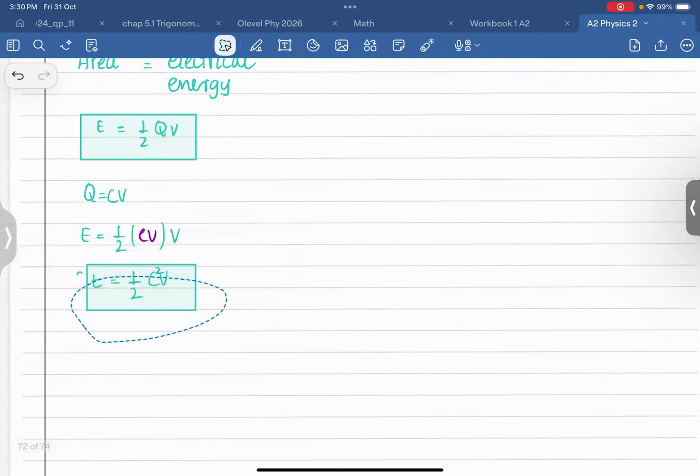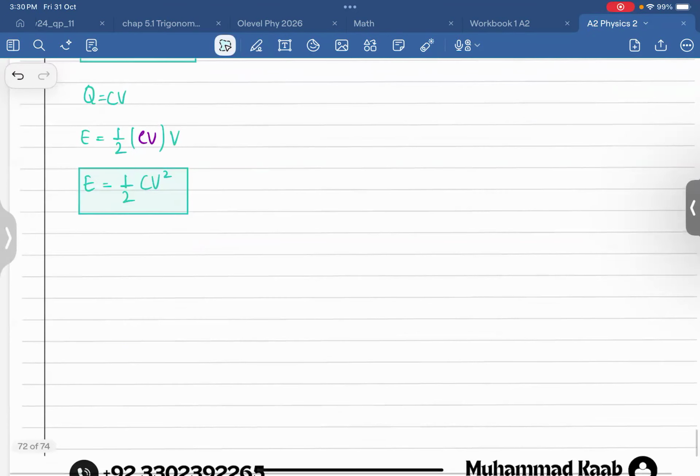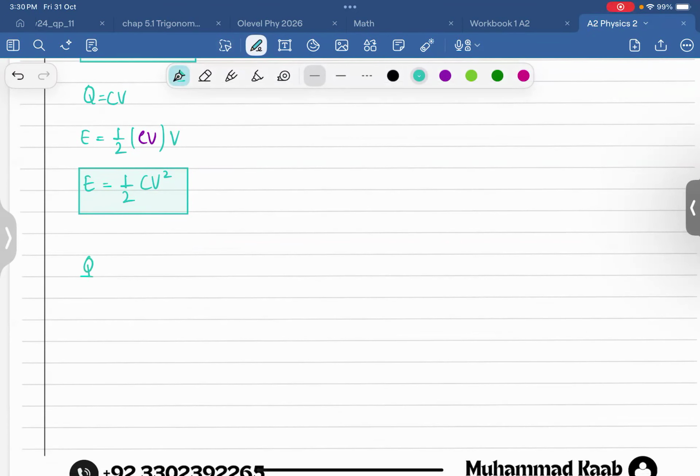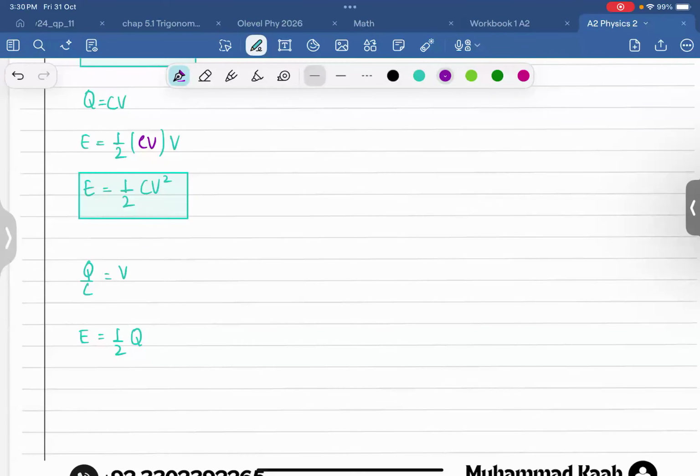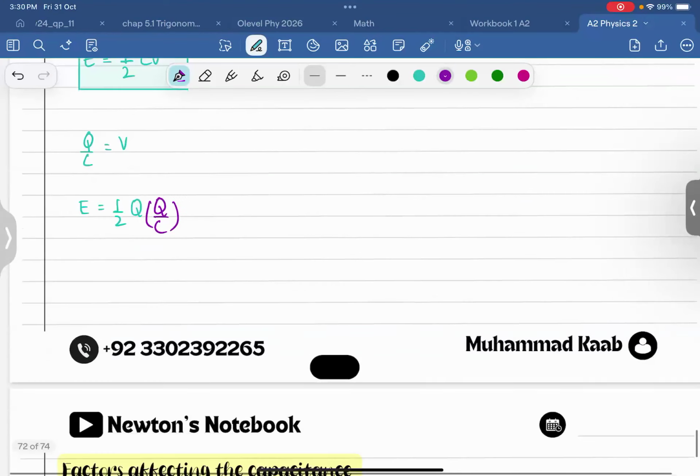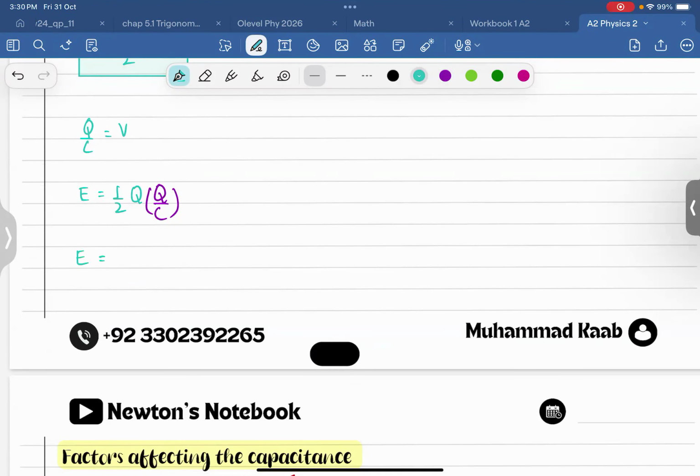Now the third thing is that if we put the similar formula in V instead of Q, it will give us Q over C equals V. And then E equals half into Q, which remains the same, and in place of V, you can substitute Q over C. At the end, we get 1 over 2 into Q squared over C, or Q squared over 2C.